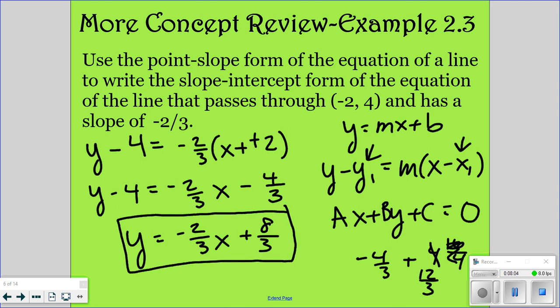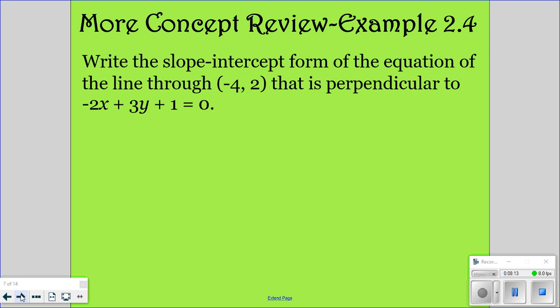So hopefully you remember that either from Algebra 2 or Geometry, or maybe both, and hopefully even from pre-calculus last year. Looking at this one, we want to write the slope-intercept form of the equation that goes through the point negative 4, 2 and is perpendicular to the equation that they give us. So the first thing we have to do is figure out the slope of this equation, and the only way to do that easily is to solve for y.